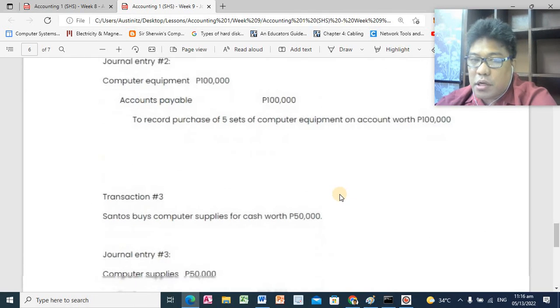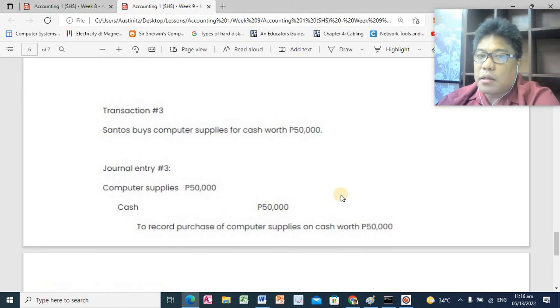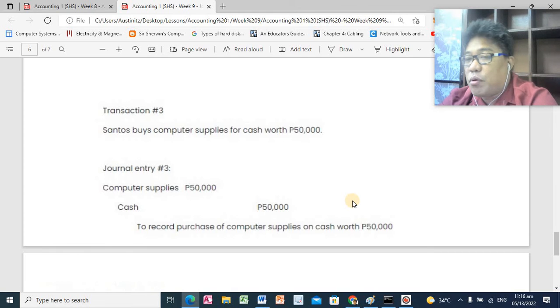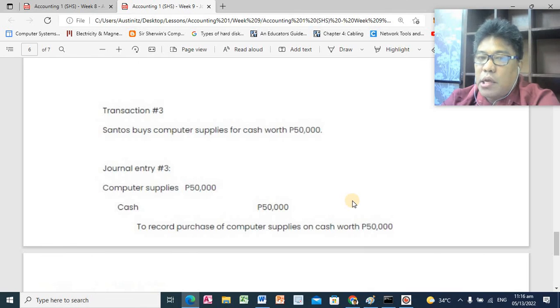Next po, transaction number 3. Santos buys computer supplies for cash worth 50,000. Again, tagalogin po natin. Si Mr. Santos po ay bumili ng computer supplies for cash. So, binili niya po iyon, nagbayad siya ng 50,000. So, ang natanggap niya po ay computer supplies, ang nawala po sa business ay yung 50,000. Natanggap, that is debit, so we have computer supplies, 50,000.